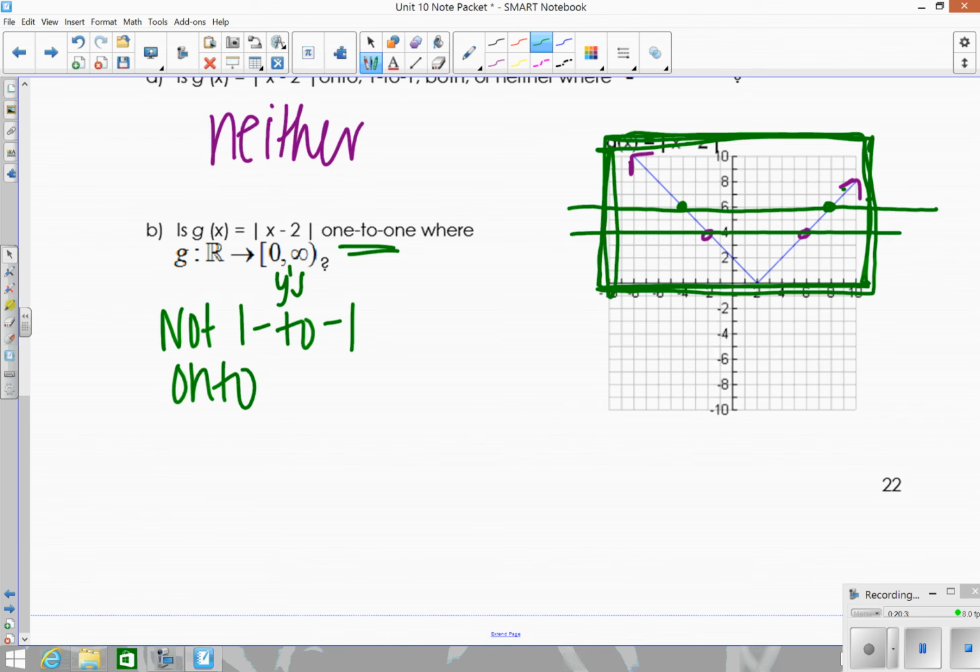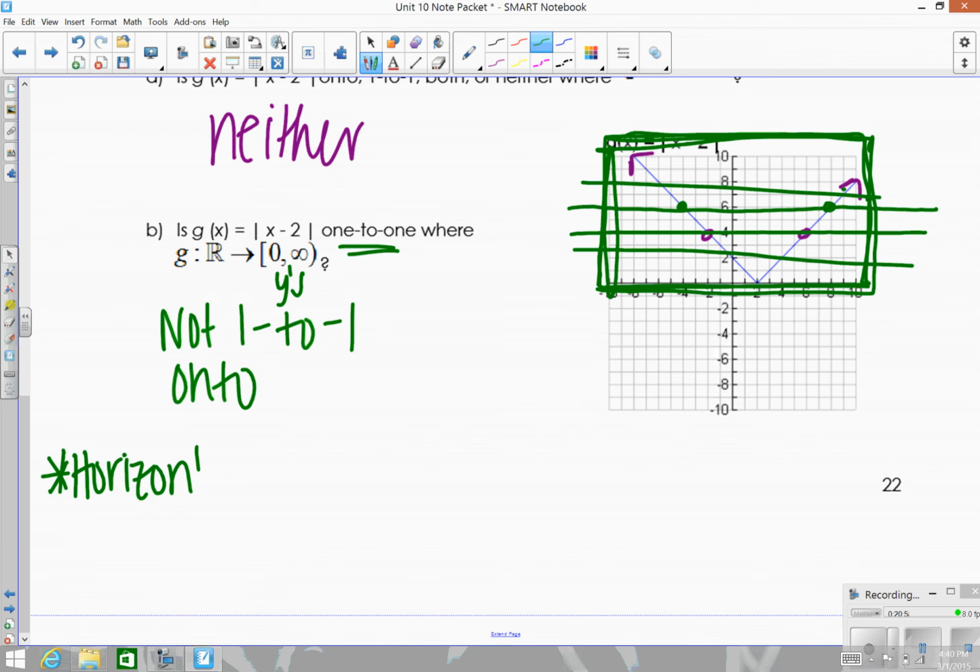If you ever draw a horizontal line and it hits your graph twice, that means your function is not one-to-one, because that means that there's two x values that have the same y value. So this is called the horizontal line test. If you remember, the vertical line test is to determine if you have a function. The horizontal line test is used to determine if a function is one-to-one.